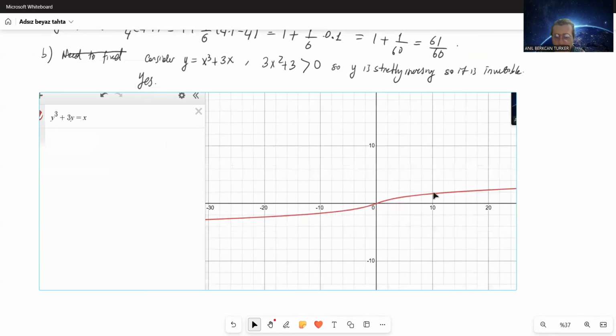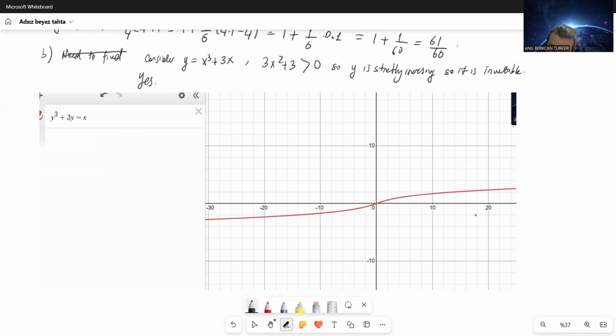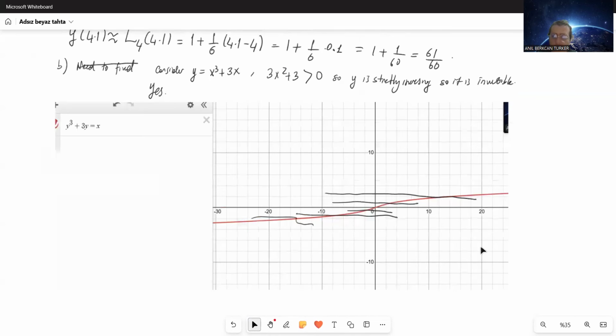As you can see, it goes to infinity like that, so it is invertible because at each vertical line, I have only one intersection point. Of course, we have already shown mathematically that it is invertible, but graphically you can also see it like that.